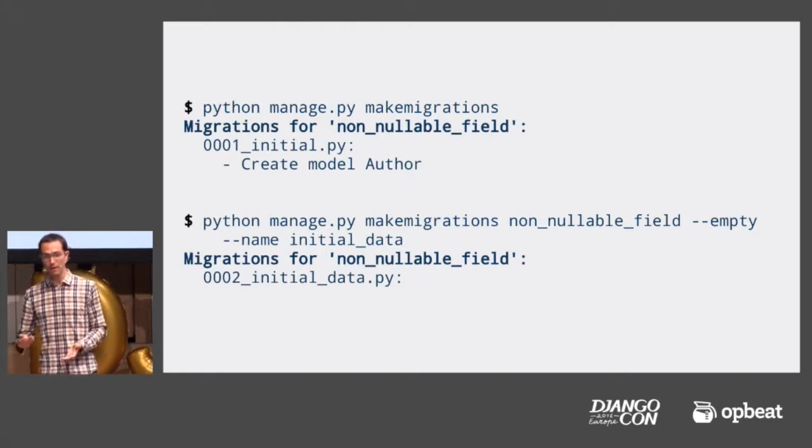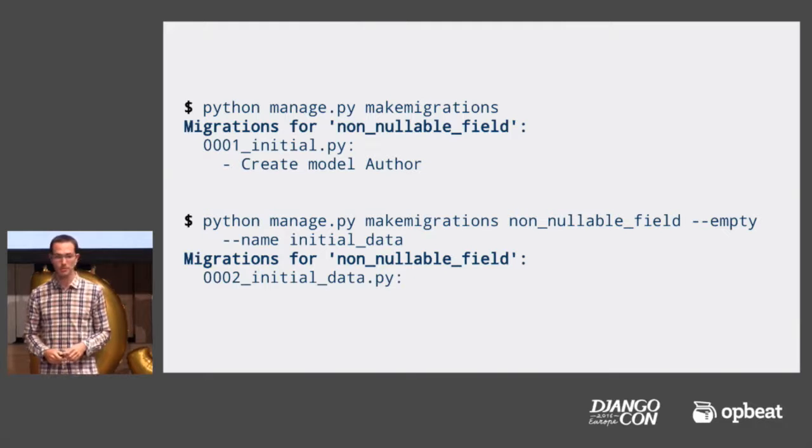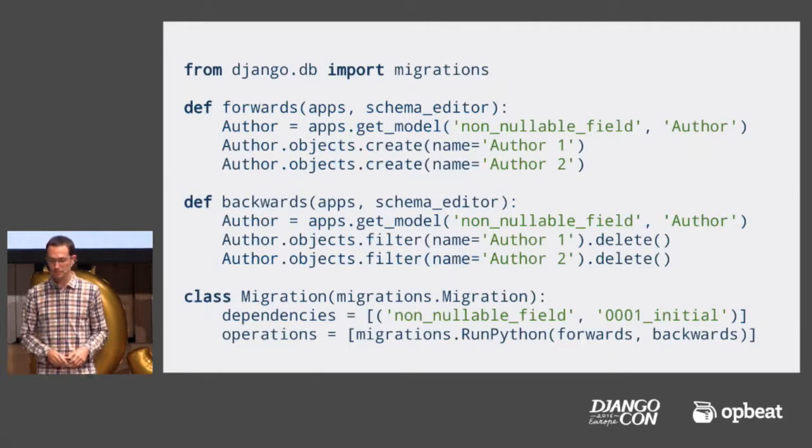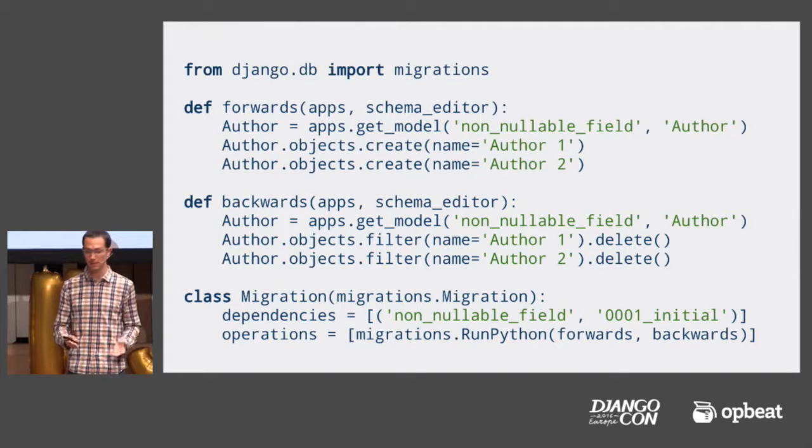To make sure we have an example that actually makes sense and where we can show that the entire recipe works, we need some initial data. And for that, we create an empty migration, and then we are going to create initial data in there. And that may look like this. We again have our migration class. We have the dependency to the previous migration.